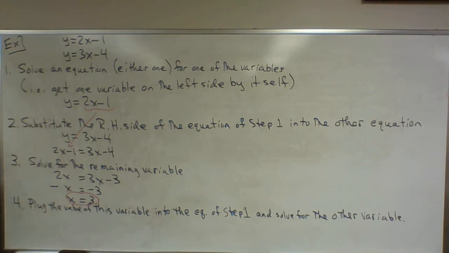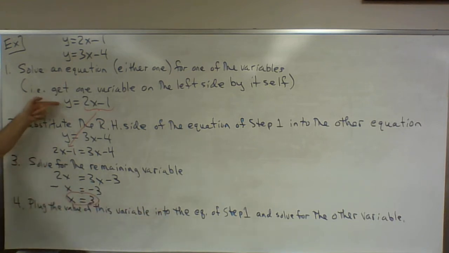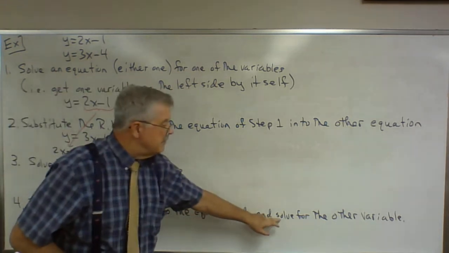Do I know what y is yet? No. But that's what step 4 is all about. Plug the value of this variable, x equals 3, into the equation of step 1 and solve for the other variable.